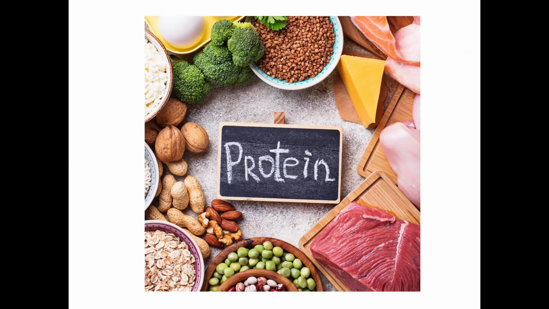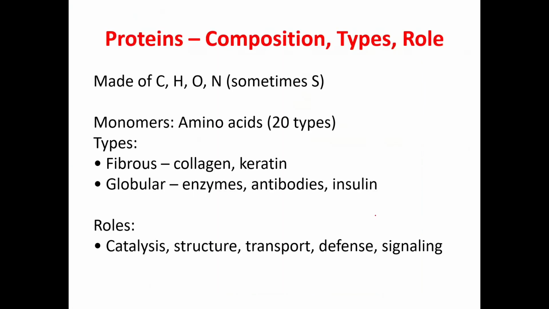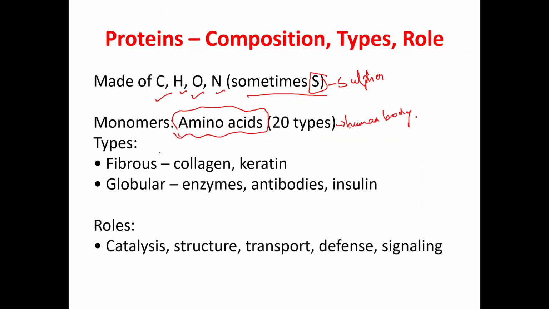The monomer is the amino acid. The total number of amino acids in the human body is 20. Types of protein: fibrous and globular. Fibrous proteins include collagen.